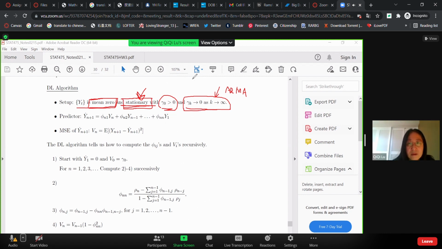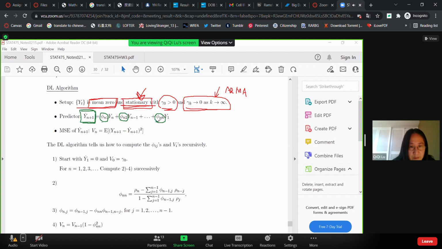And we have the linear predictor. This is just one step ahead, with coefficients phi n1, phi n2 to phi nn.